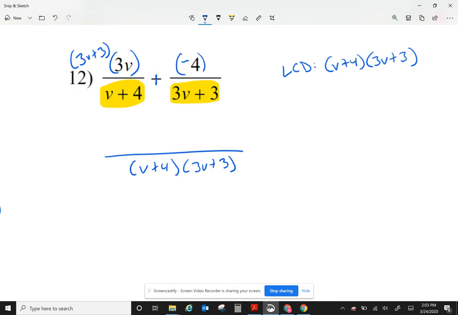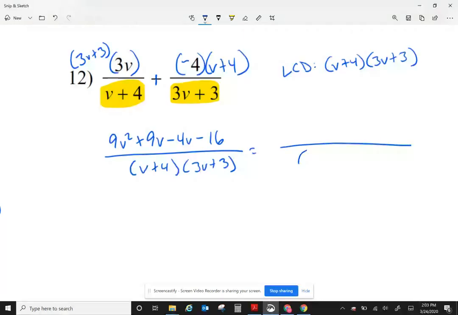Looking at the second fraction, this negative 4, I'm going to multiply with v plus 4, right? The parentheses that I don't have. All right, so looking at the first fraction, when I multiply my two parentheses, that's going to give me 9v squared plus 9v. Looking at the second parentheses, that gives me negative 4v minus 16. So my answer, let me copy my denominator, v plus 4, 3v plus 3.